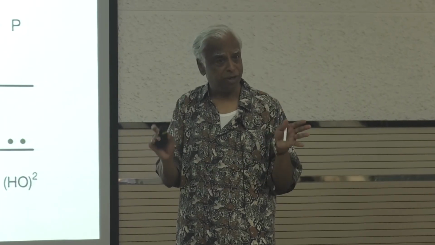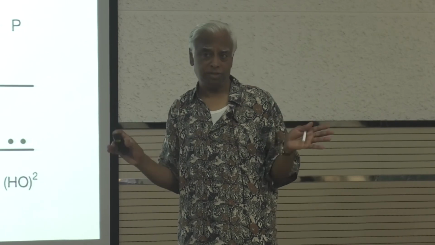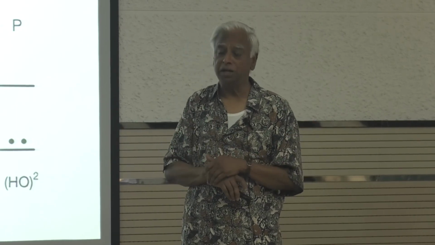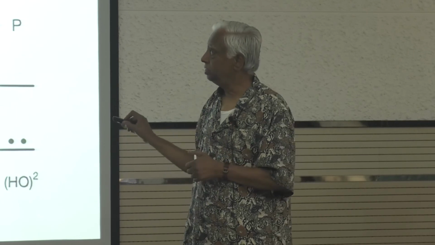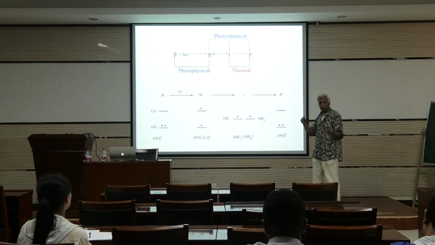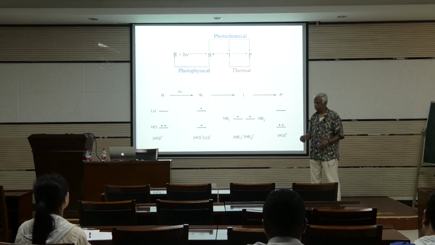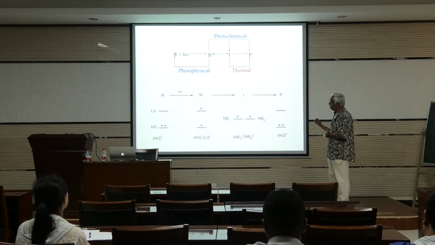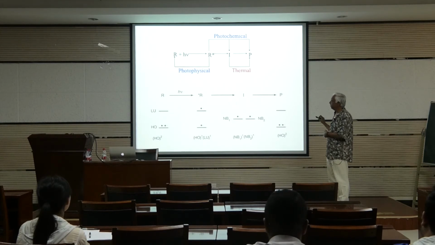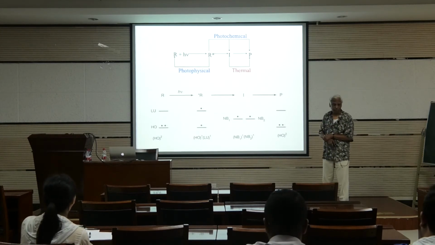They have the same number of electrons, everything else is the same, except where the electrons are. In this case, it is all filled orbitals. In this case, the two electrons are separated into orbitals here. So here R corresponds to this, R star corresponds to that.